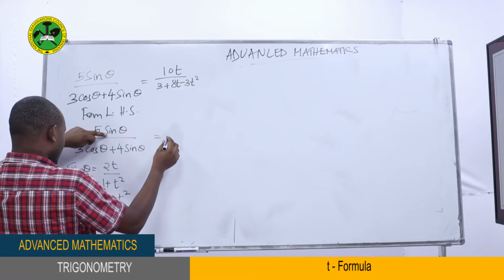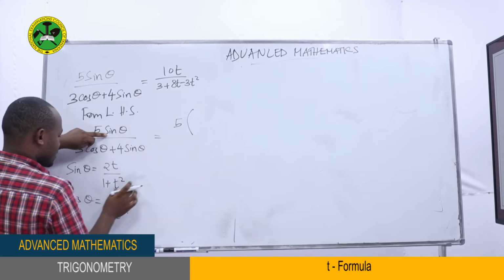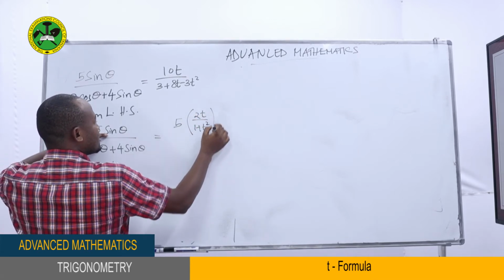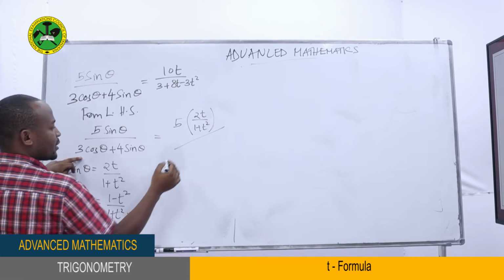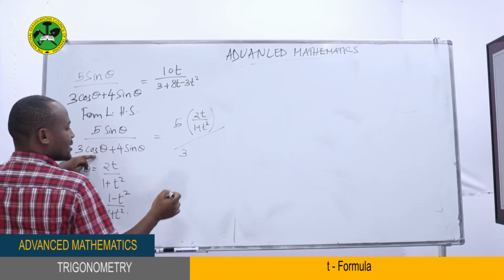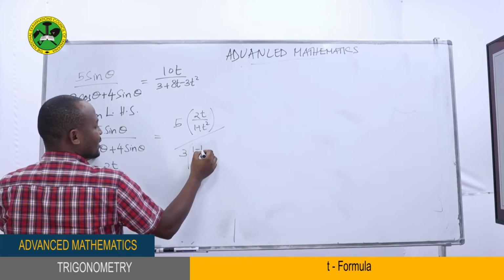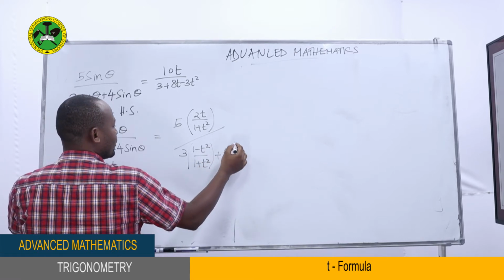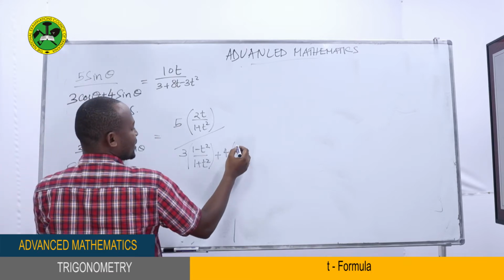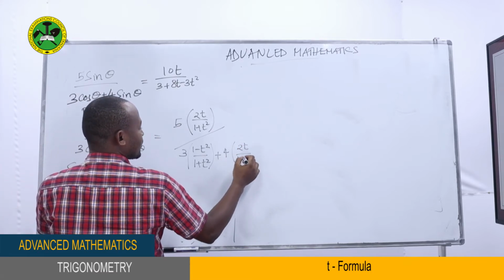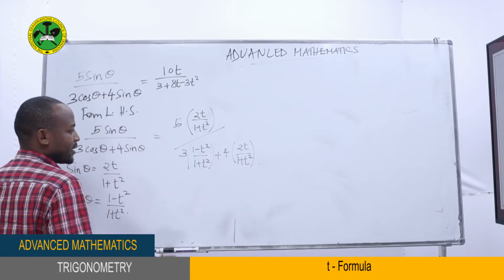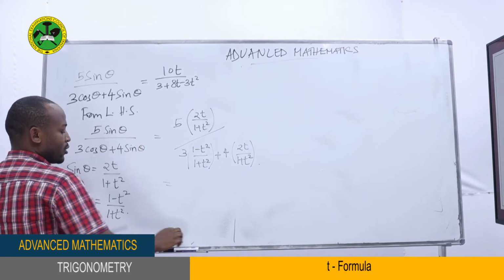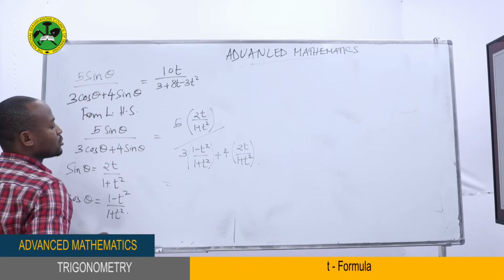We are left with 5 multiplied by 2t over 1 plus t square, all over 3 multiplied by cos theta, that is 1 minus t square over 1 plus t square, plus 4 multiplied by sine theta. Let's simplify this and see if we can get the other side of the equation that we are supposed to show.